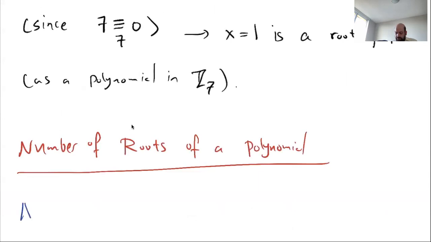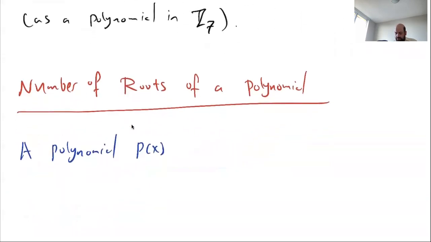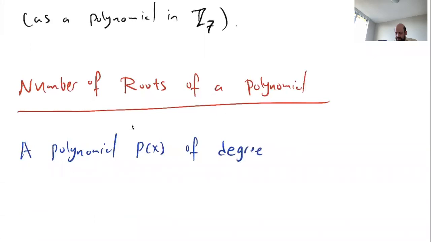There is a theorem: a polynomial P(x) of degree n has at most n real roots.